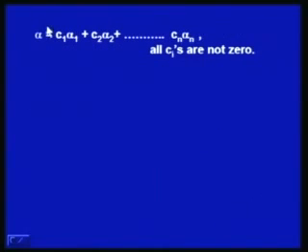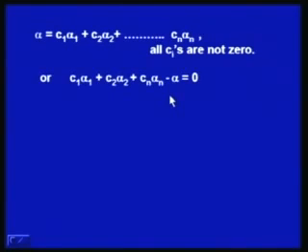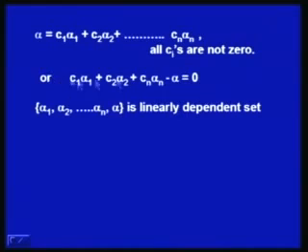So alpha is equal to C1 alpha 1 plus C2 alpha 2 plus up to Cn alpha n, where all Ci's are not 0, and that means C1 alpha 1 plus C2 alpha 2 plus up to Cn alpha n minus alpha is equal to 0. Some of the Ci's may be 0, but all of them are not 0.